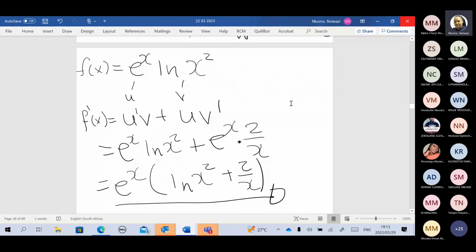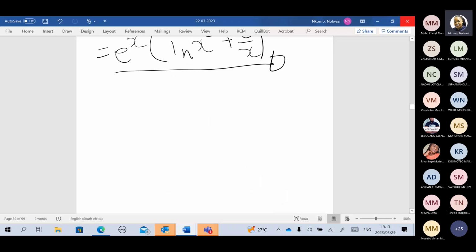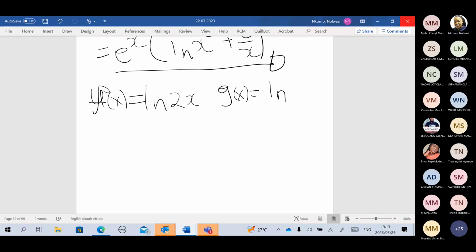2 over x. Okay. I said, okay, let's say f at x is equal to, I'm gonna write this as ln 2x. Okay, I'll do another one, g at x is equal to ln 2x cubed.